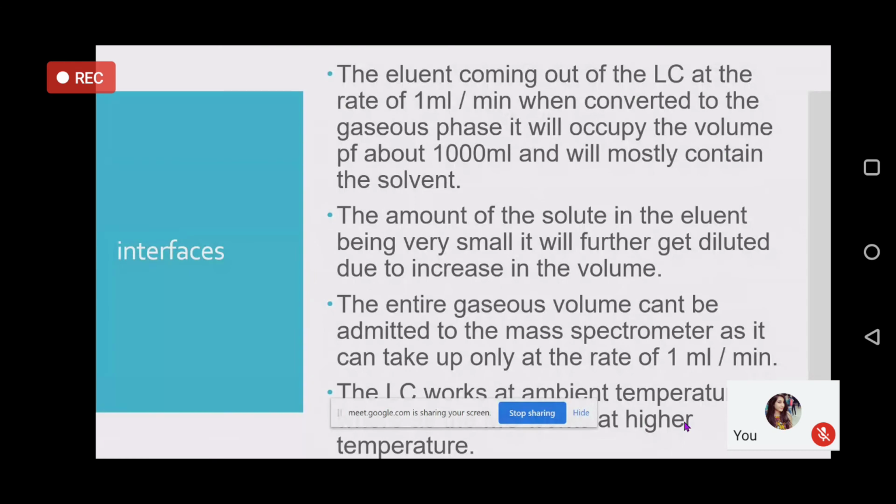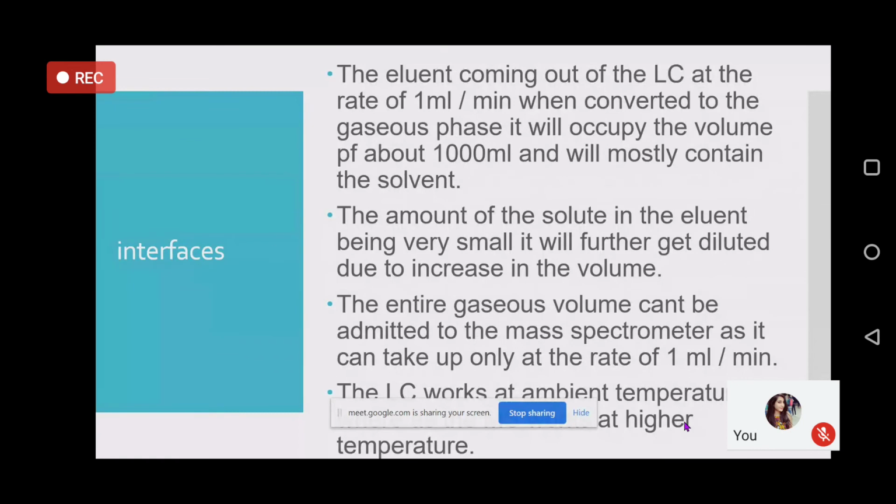The next important point, I don't know whether I emphasized this earlier or not, is that there is a huge amount of solvent and a very small quantity of the solute. The solute that comes out along with the solvent will be in very small amount, because if you remember GC and LC, an LC functions at a lower concentration level compared to the GC.